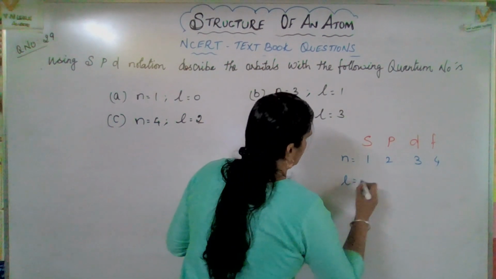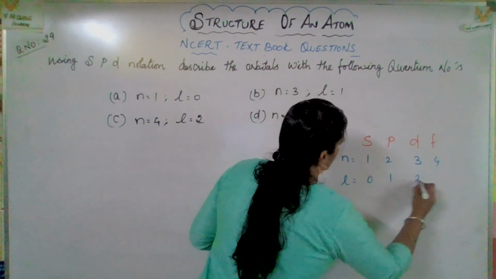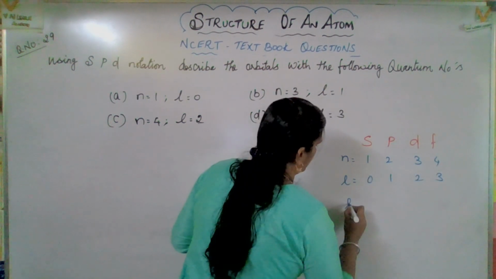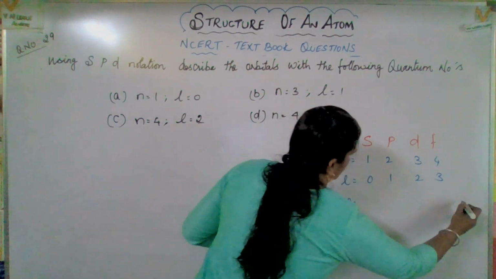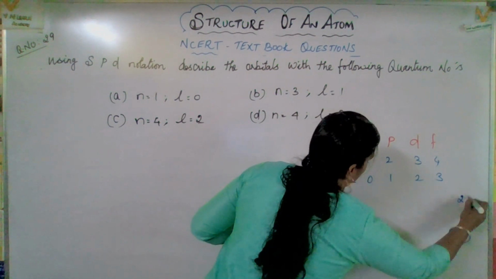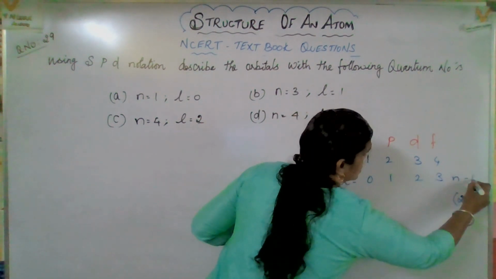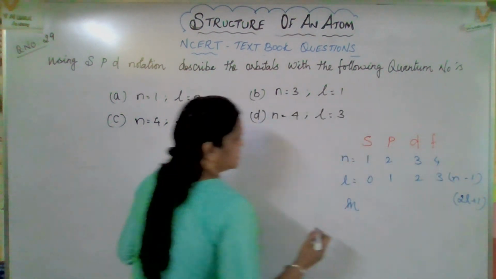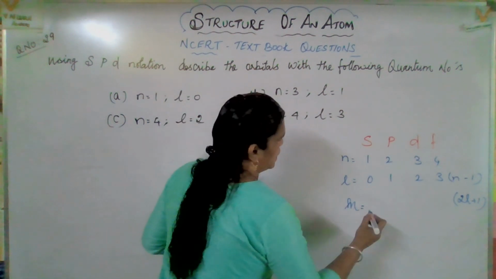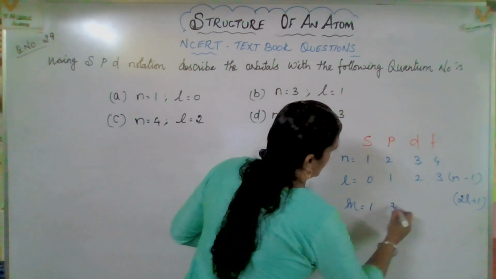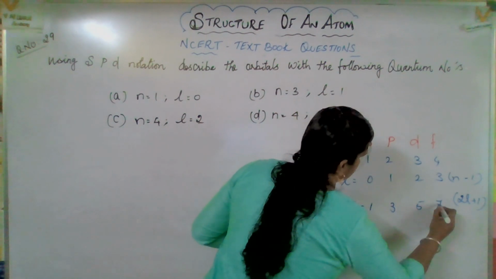L equal to 0, 1, 2, 3. m equal to, here, 2L plus 1 formula. Here L is n minus 1 formula. So in this way, here 1, 3, 5 and 7.